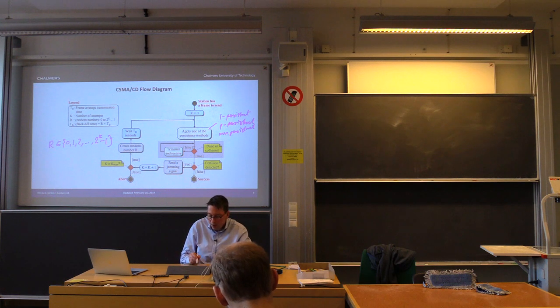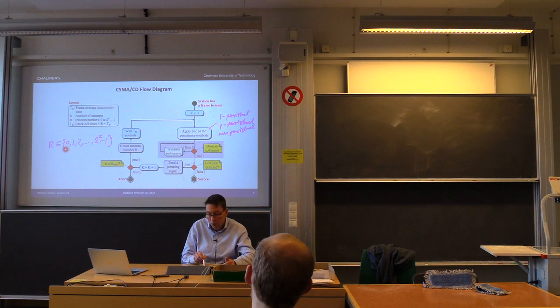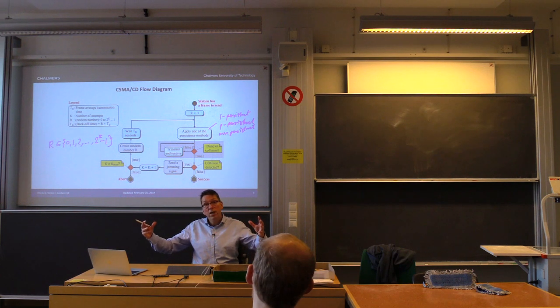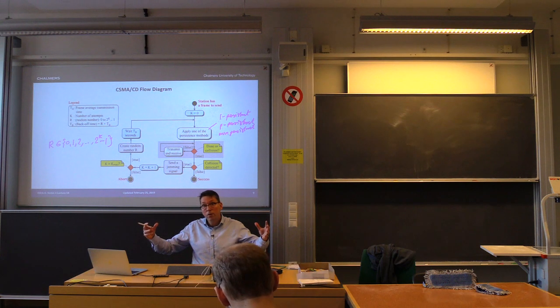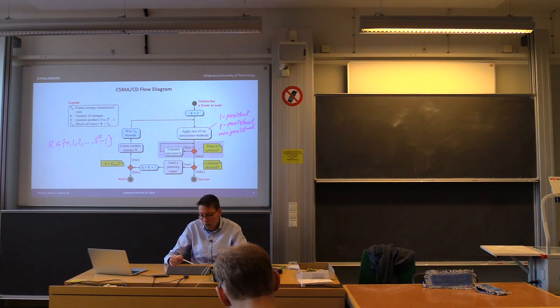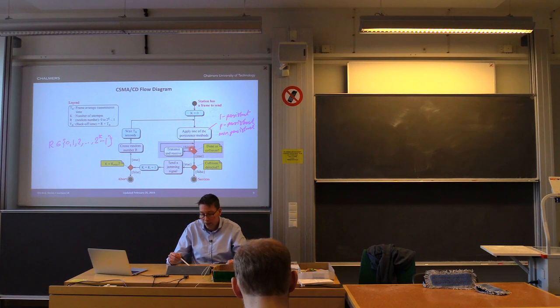So that means that for every turn we go around here, we increase the possible numbers that r can take on, and that means that we essentially increase the maximum back-off time, and therefore the back-off time tends to become longer. Okay, and then we wait for the back-off time to expire, and then we continue again. Okay, so we keep on going around here.